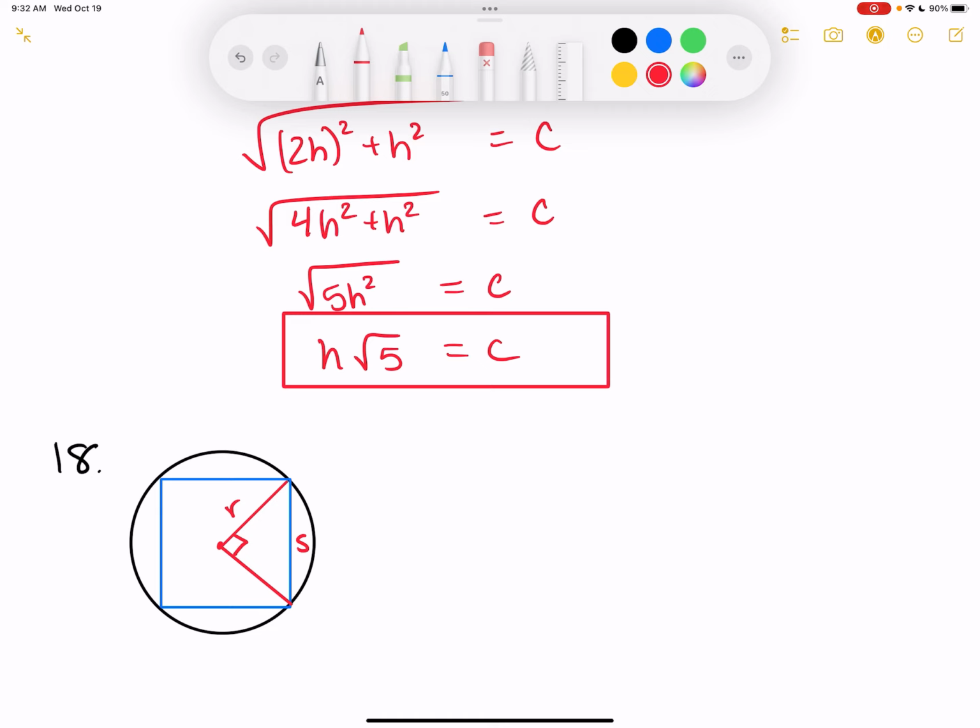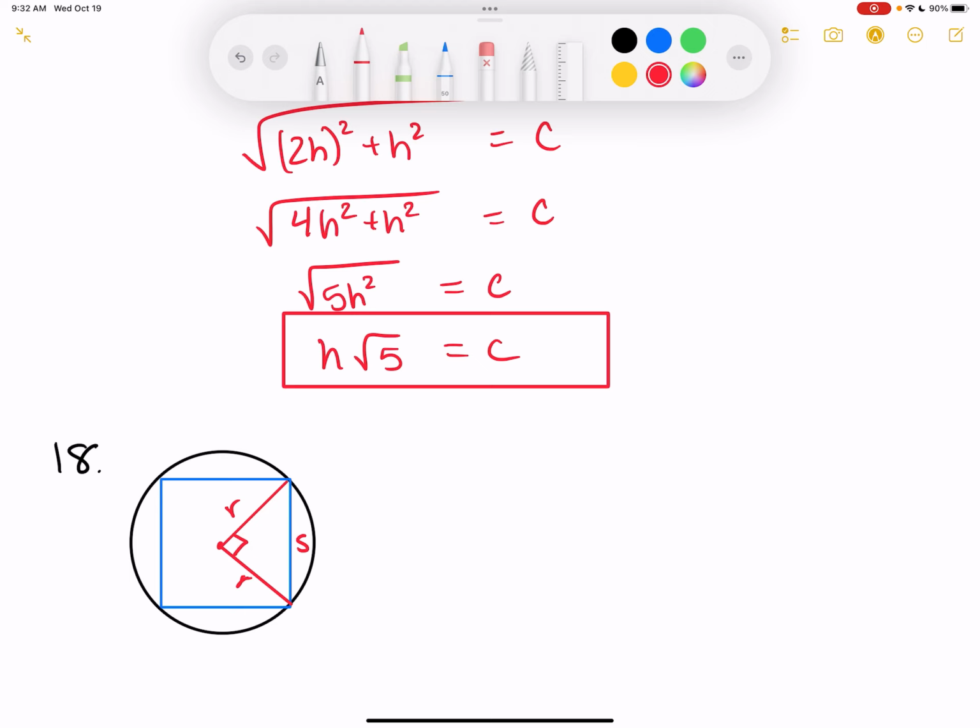So the radius is half the diagonal of the square. Okay, so now I have a right triangle. If this was r, this is also r, because we're still coming from the middle out to the edge. With those three things, what can I use to solve for s?